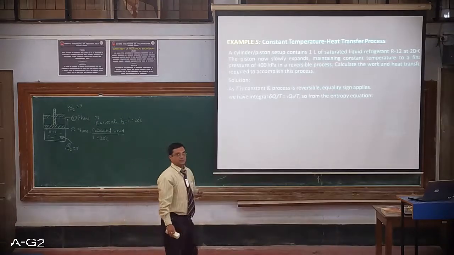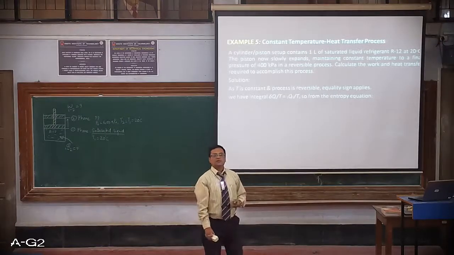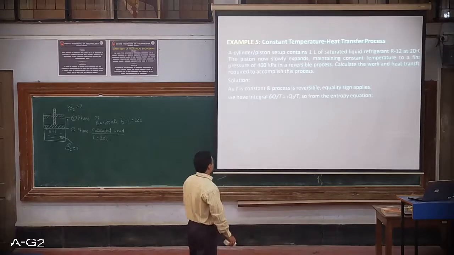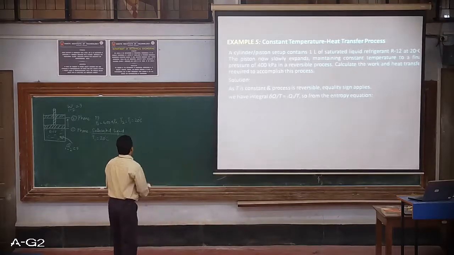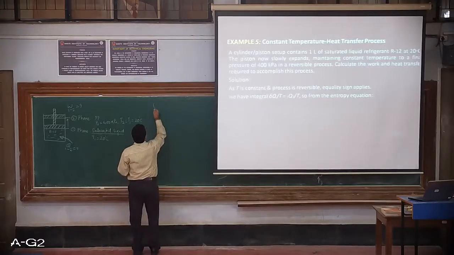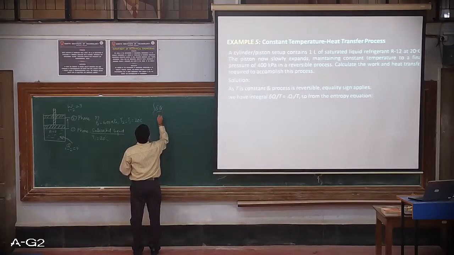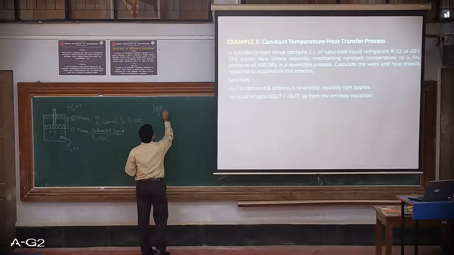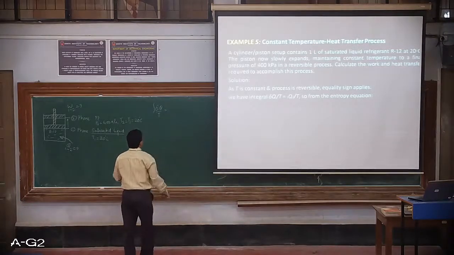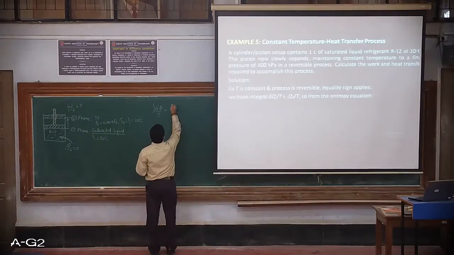Inequality is for an irreversible process. So here we are dealing with a reversible process. Hence the equality sign is to be applied. Hence, from the equation, the delta Q by T equation is to be used. So this equality sign is to be used. Now this becomes Q12 by T.